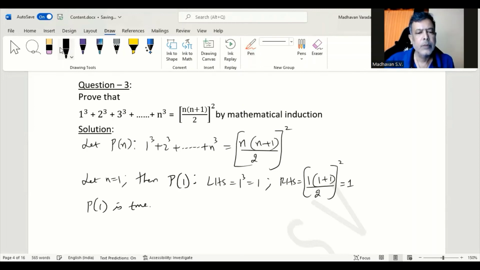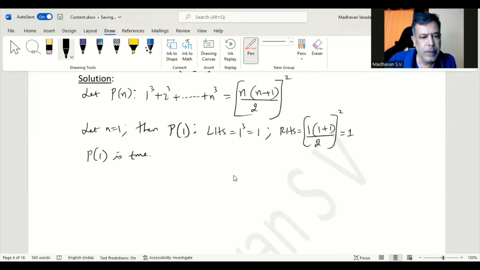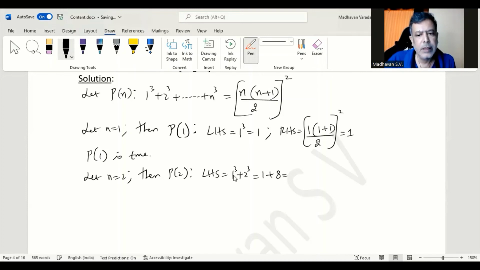Now let us consider n as 2, then P of 2. In that, LHS will be 1 cube plus 2 cube, which is 1 plus 8, that will be 9.